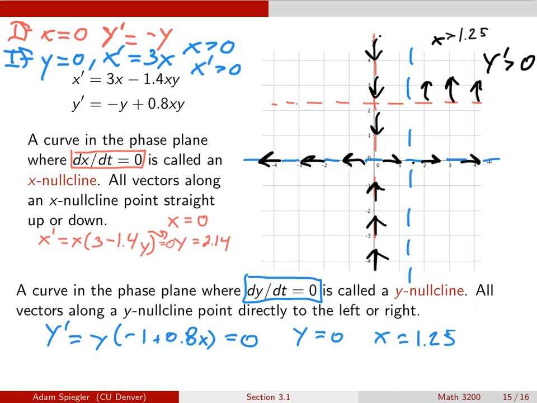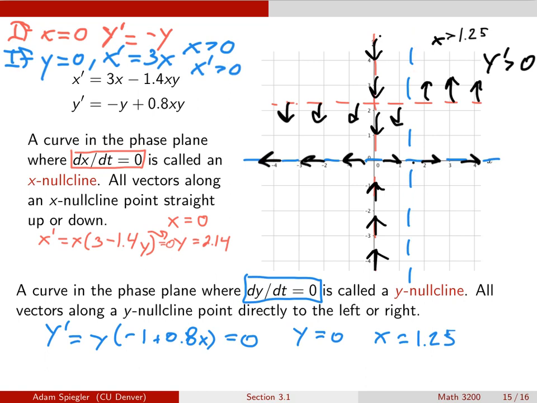And when x is less than 1.25, then these vectors point down.